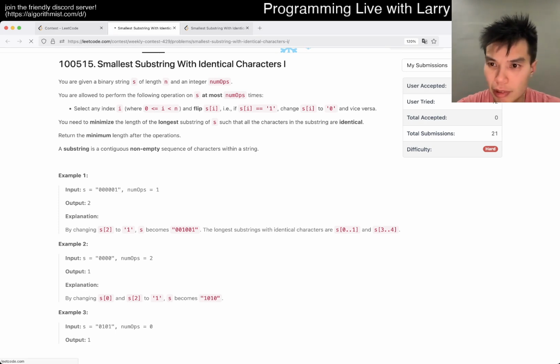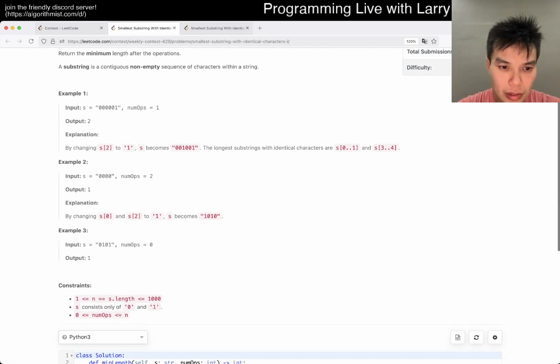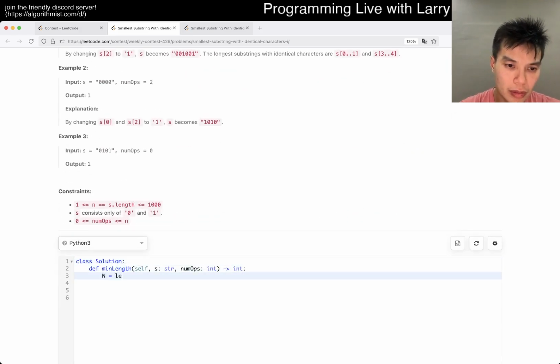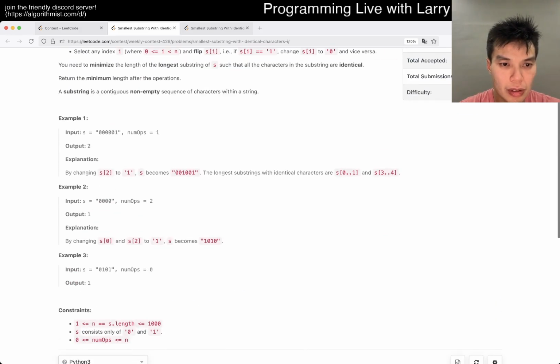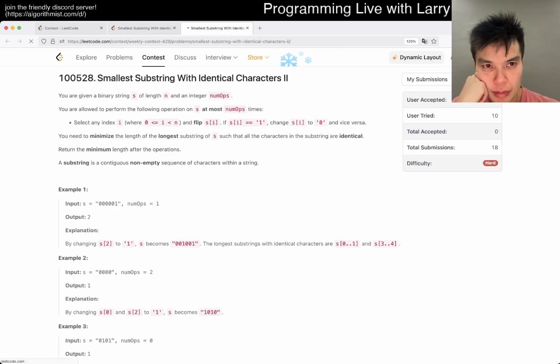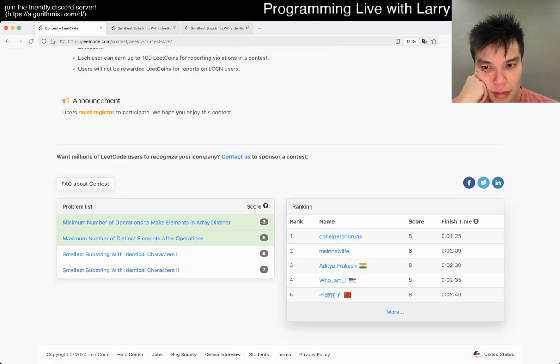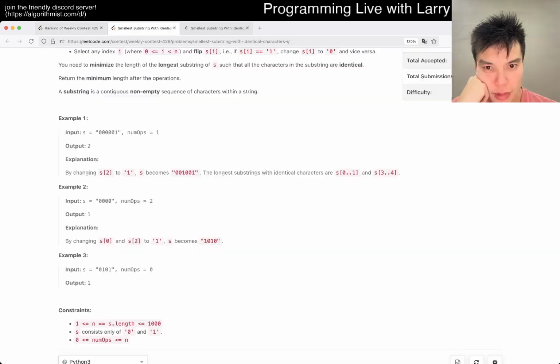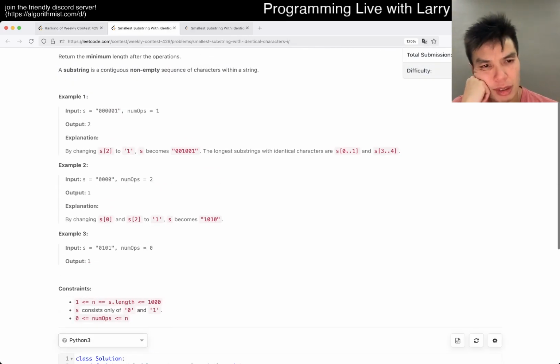I don't even know the n square solution. Still no one got it, right? I don't know that. Okay, well, that's wild.